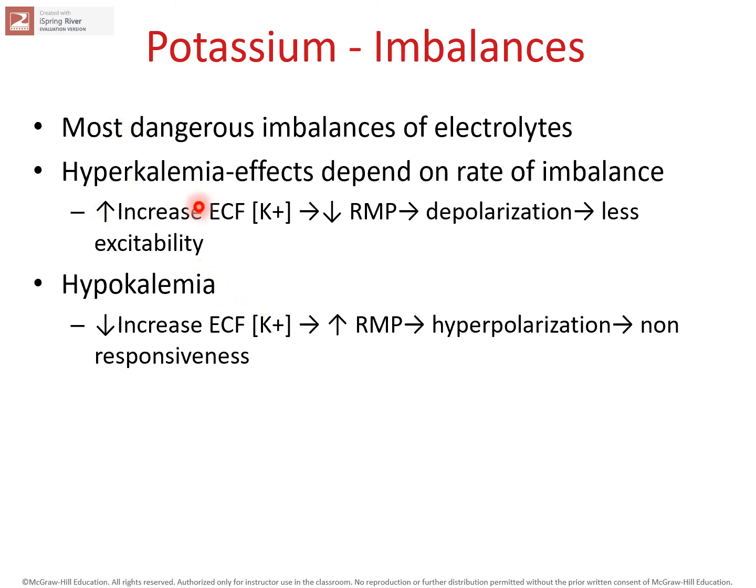In case of hyperkalemia, meaning high levels of potassium, the effects really depend on the rate of imbalance. But in general, hyperkalemia causes decrease in resting membrane potential, and the membrane becomes partially depolarized, right? When this happens, it affects the excitability of the cell, right?